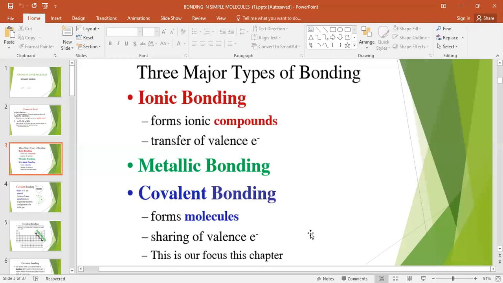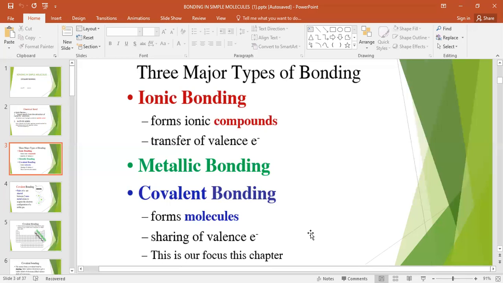How do you divide these into single, double, and triple? It depends upon the number of electrons they are going to share. If they share one, single. If they share two electrons, like oxygen, O double bond O, oxygen shares two electrons, so we get double covalent bonding.